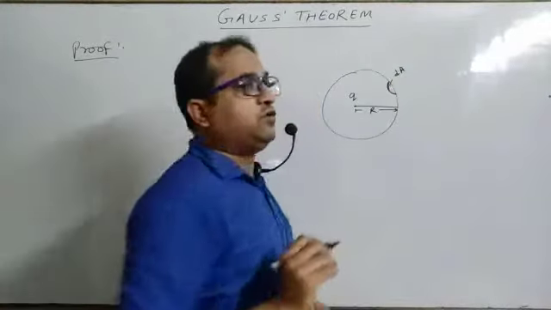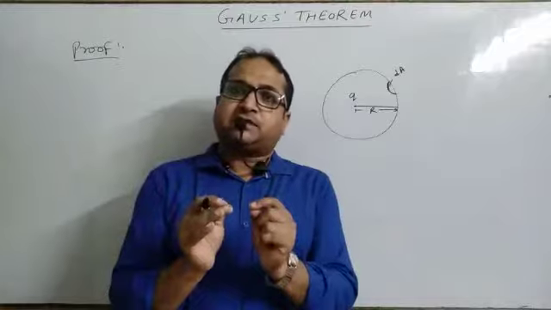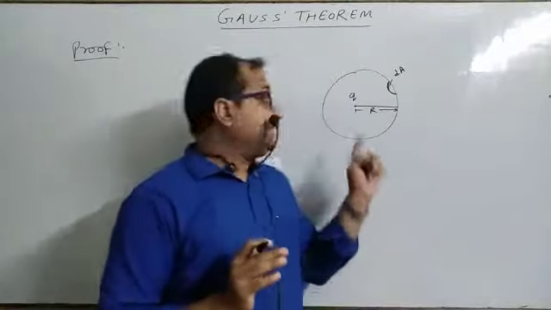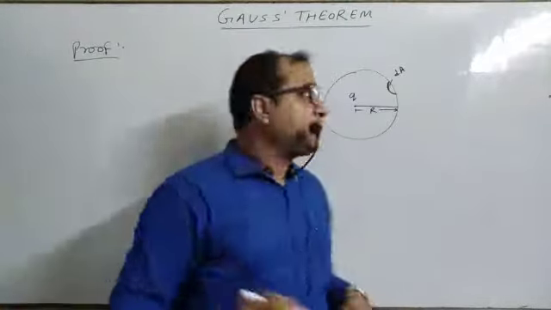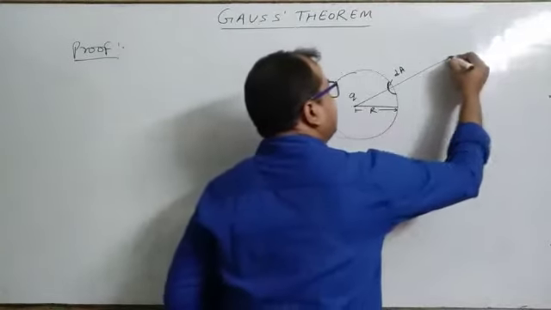We know that every charge produces an electric field. This charge also produces an electric field. The direction of the electric field is this.